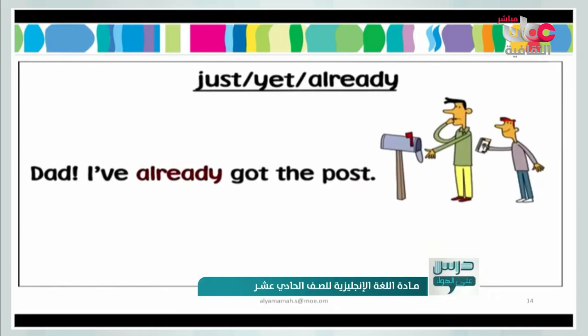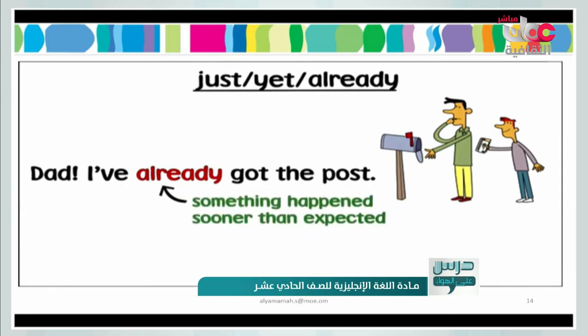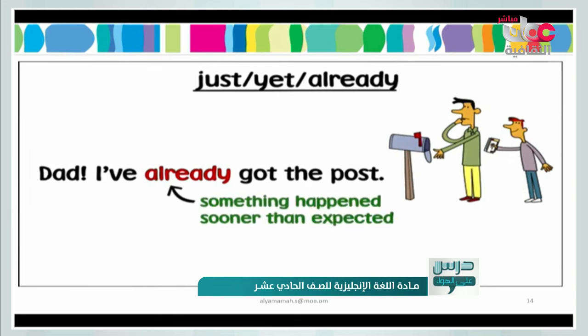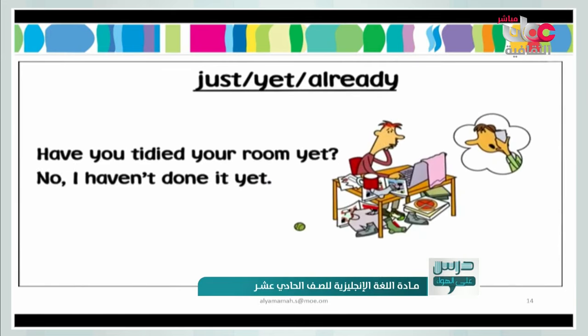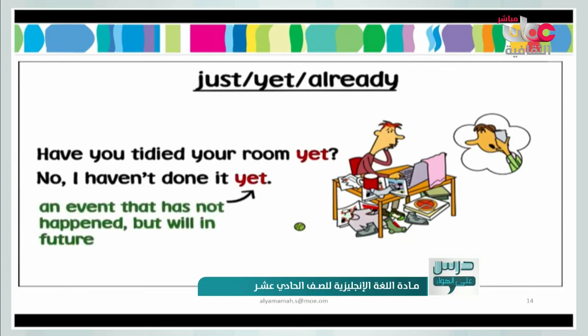We use already to say something happened sooner than we expected. We use yet to talk about an event that has not happened, but we expect it to happen in the future.